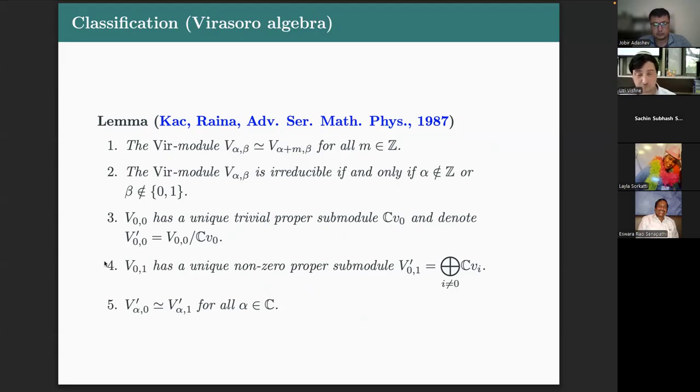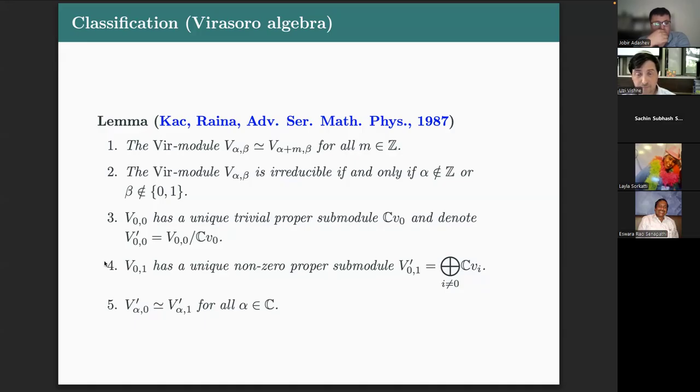V alpha beta is generically irreducible, almost all the time, if alpha does not belong to Z or beta does not belong to Z. So one concentrates on V00 and V01.